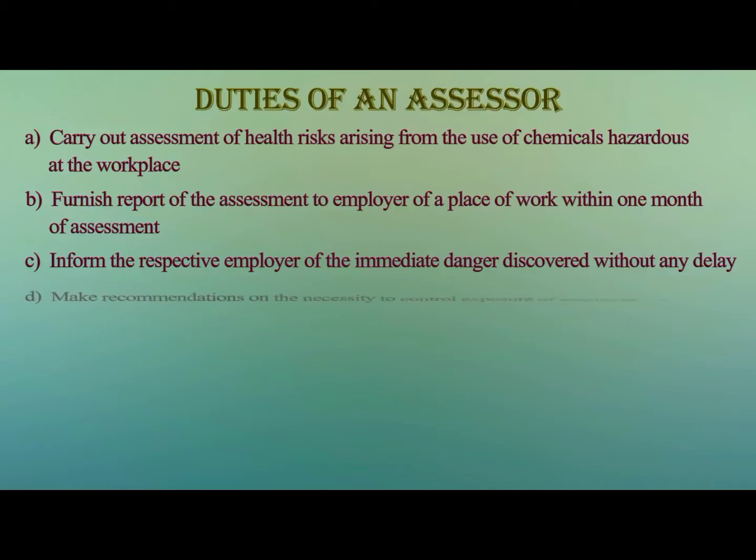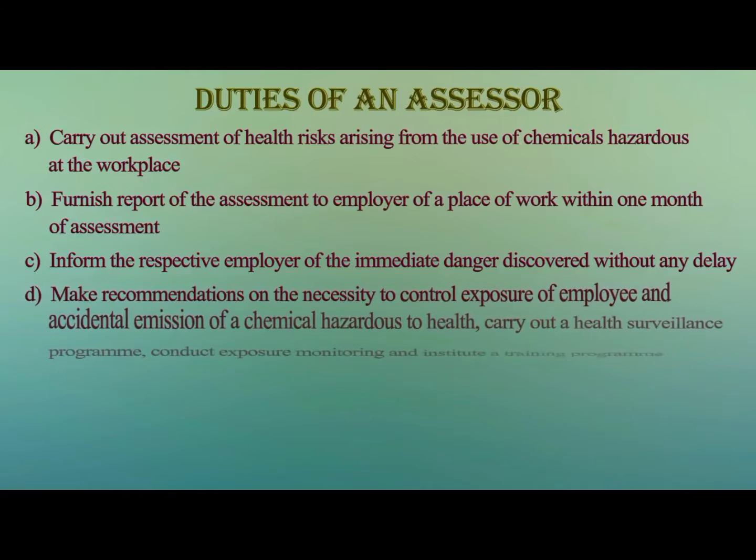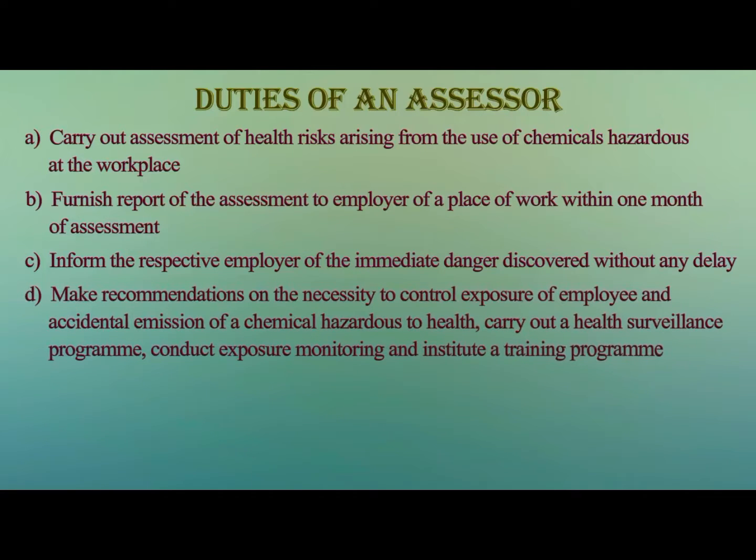D. Make recommendation on the necessity to control exposure of employee and accidental emission of a chemical hazardous to health. Carry out a health surveillance program. Conduct exposure monitoring and institute a training program for employees.